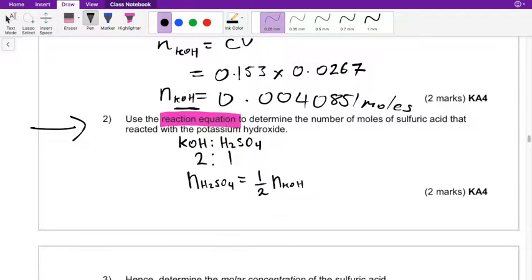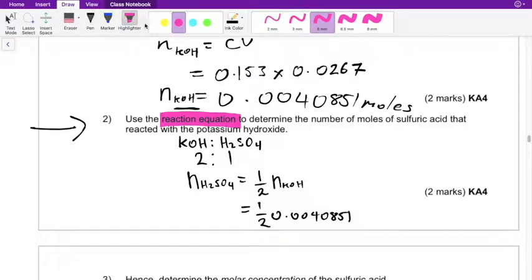Therefore, this is going to be equal to half of 0.00400851, that number up there. I'll just highlight that. So that number there.